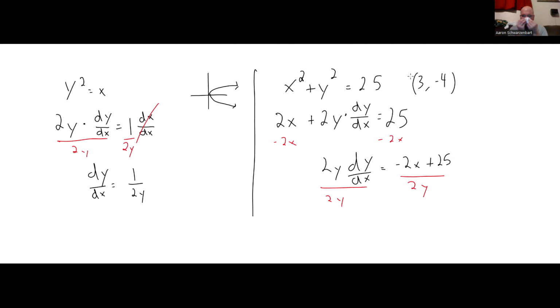The derivative of 25 should be 0. So here I get dy/dx equals -x over y. So when I plug in my point, I get -3 over -4 equals 3/4 is my slope.